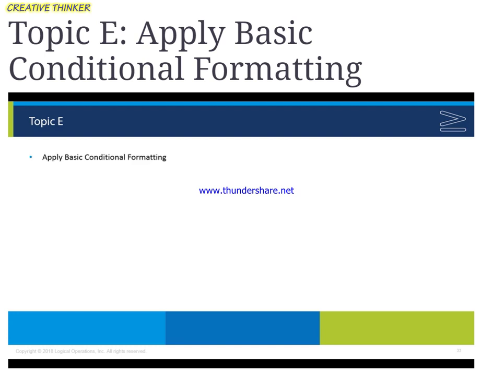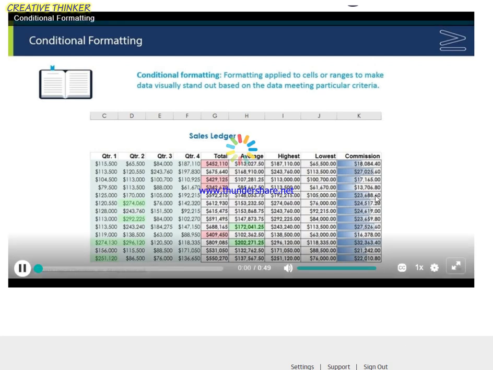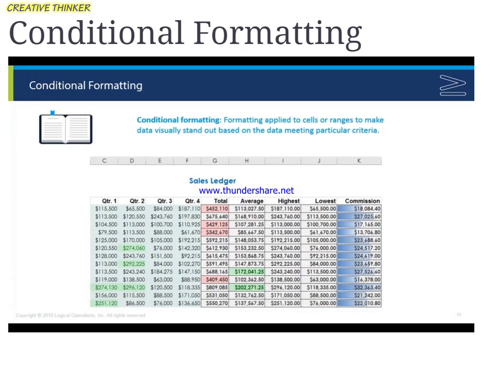Those kinds of things can be the elements that build the conditions that determine what actual formatting is going to occur. So conditional formatting is just formatting applied to cells or ranges that make the data visually stand out based on the data meeting particular criteria or conditions.